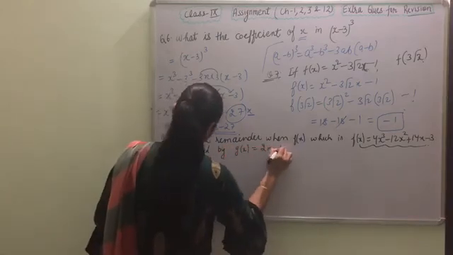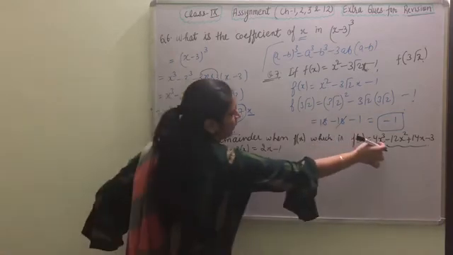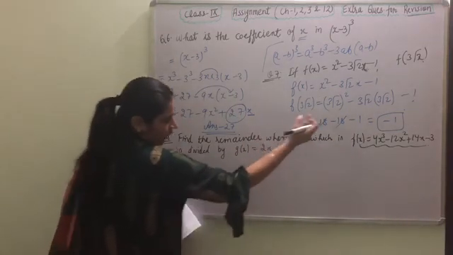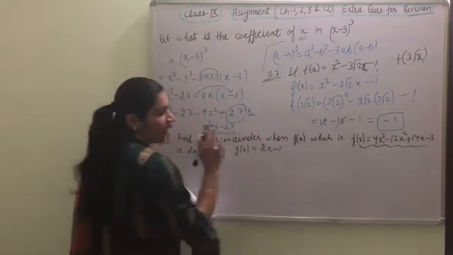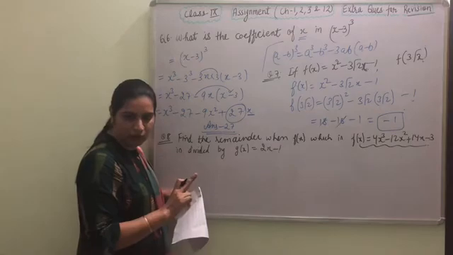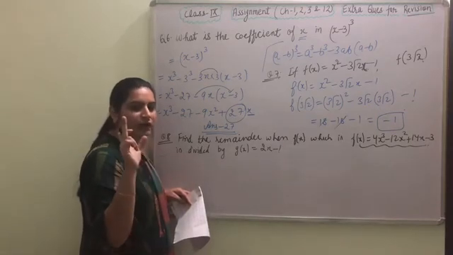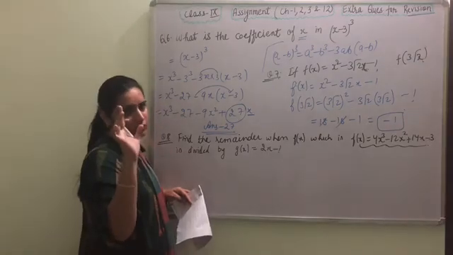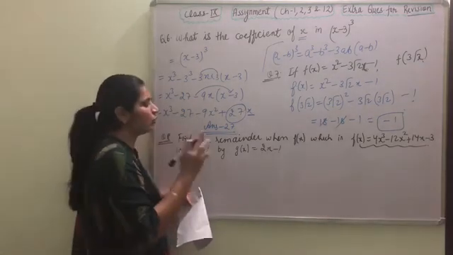We have to find the remainder when this polynomial is divided by the other polynomial. Okay, we have to do the division. They haven't mentioned the long division method, so we'll apply the remainder theorem. If they ask to find the remainder by long division, then only we apply long division. Okay, here we are applying the remainder theorem.